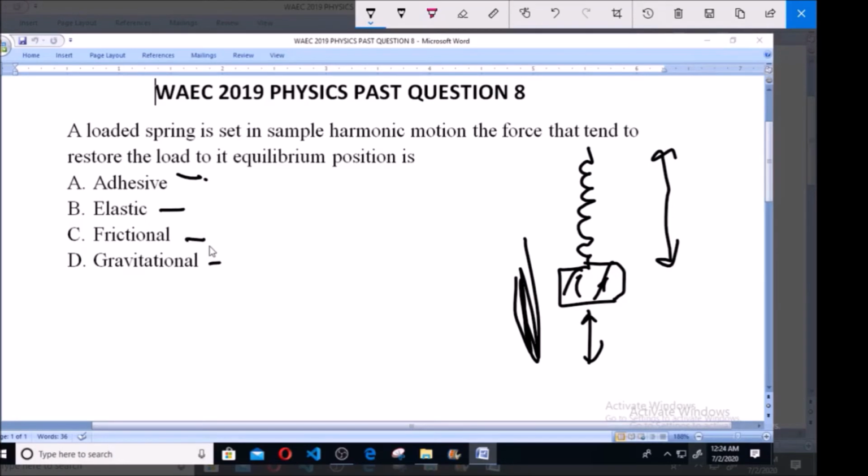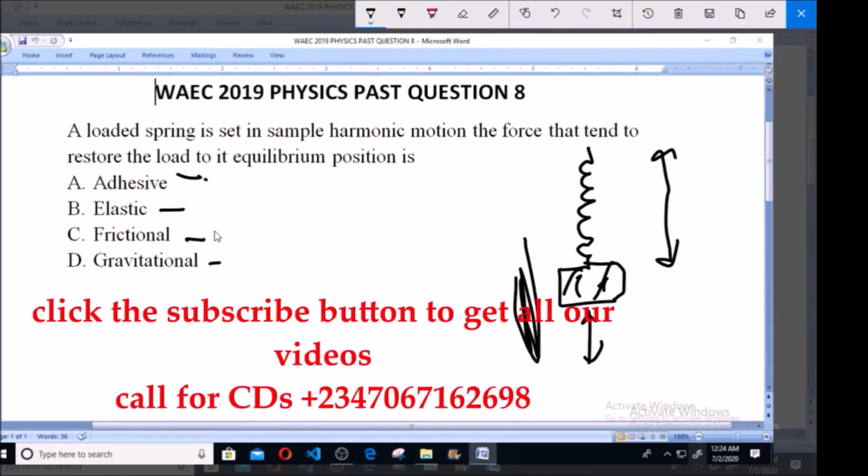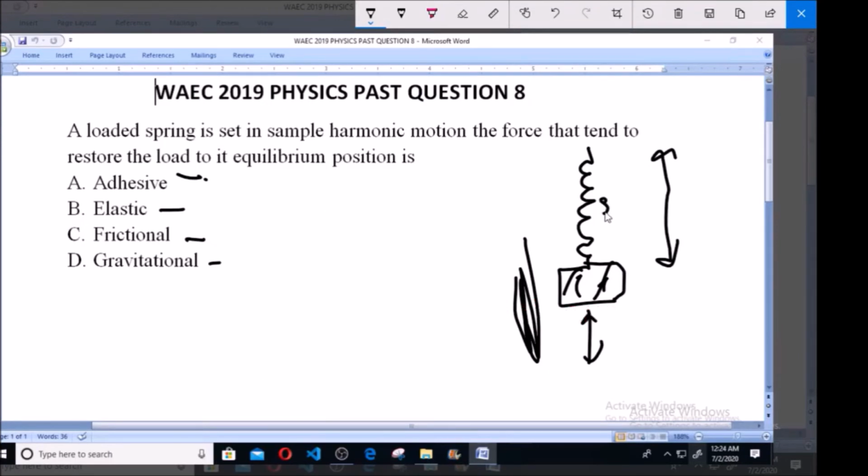An elastic material is one that regains its original shape or size after the distorting force is removed. So this spring is the very material that we are looking at. If you distort it by pushing this weight down, it will come back. So that is what elastic materials do.